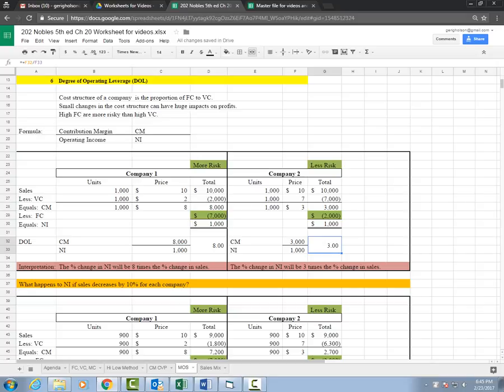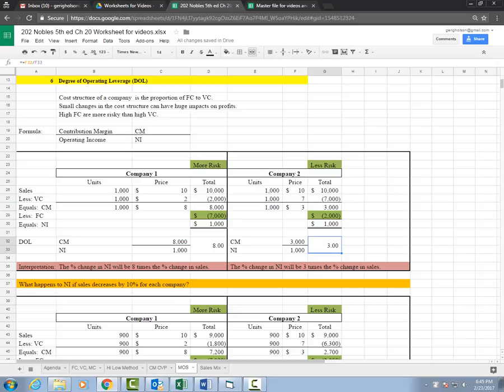Here's how we interpret that. For Company 1, the percent change in net income will be 8 times the percent change in sales. For Company 2, the percent change in net income will be 3 times the percent change in sales.